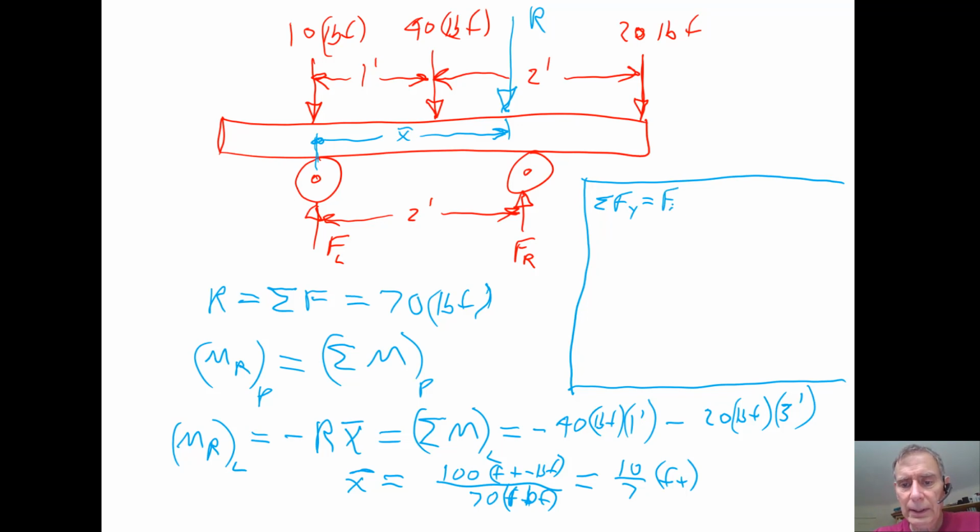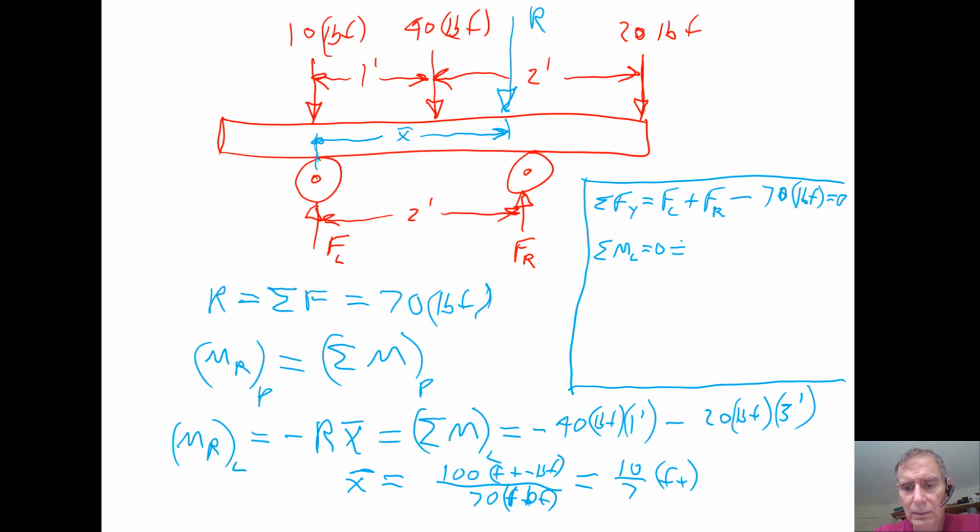So we have F sub L plus F sub R minus 70 pounds. And let's sum the moments about point L again. These do add up to 0 because now we're doing the equations of equilibrium.